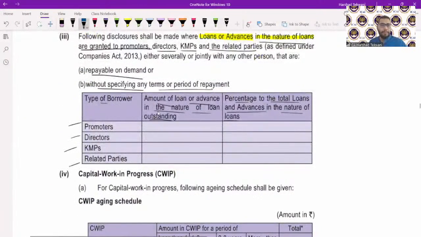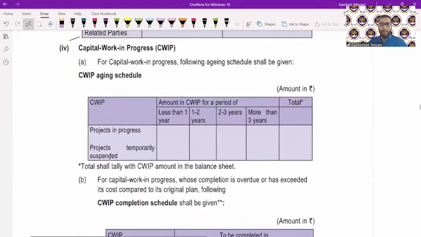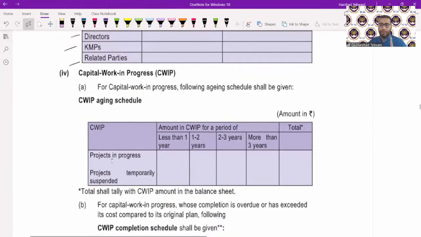The third area is loans and advances, as loans to directors and others like KMPs, related parties and promoters. Fourth area, CIP schedule, the ageing schedule. This is a very important one. Capital work in progress ageing schedule, where you need to provide projects in progress, projects temporarily suspended. What is the amount of CWIP in the ageing schedule?